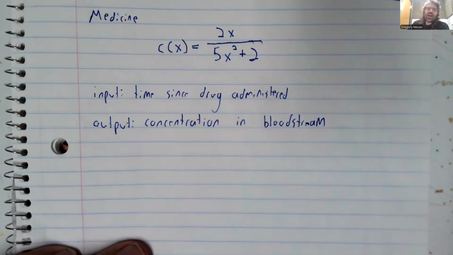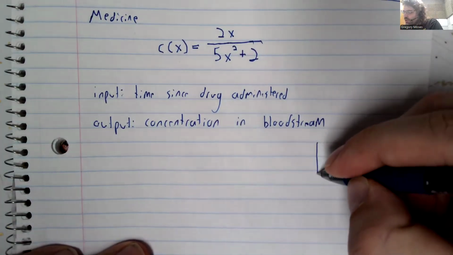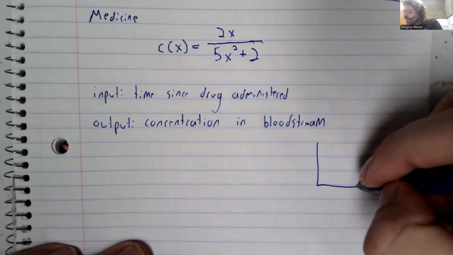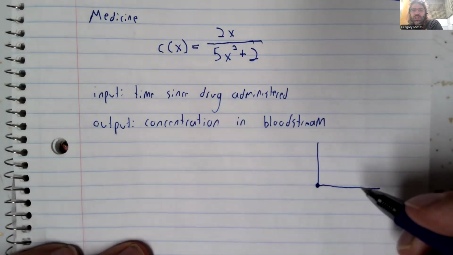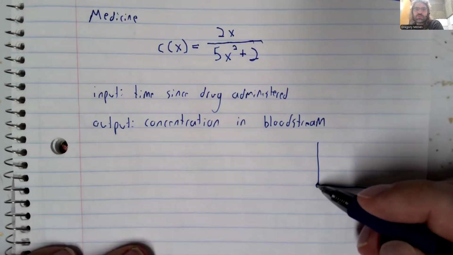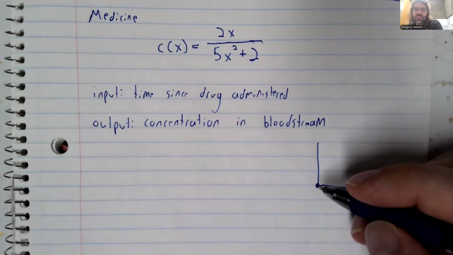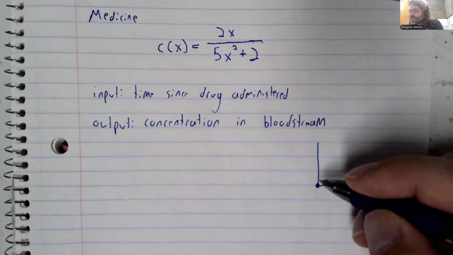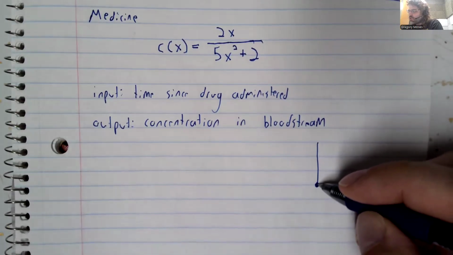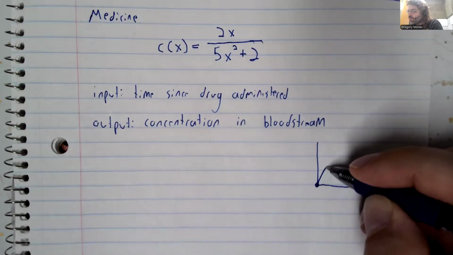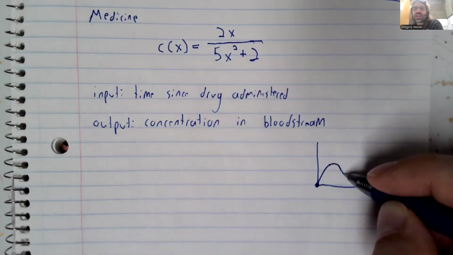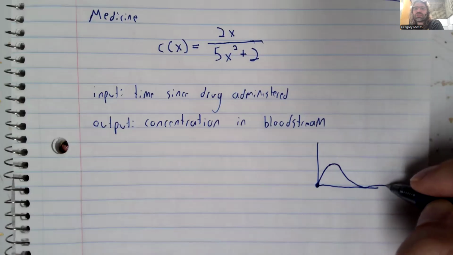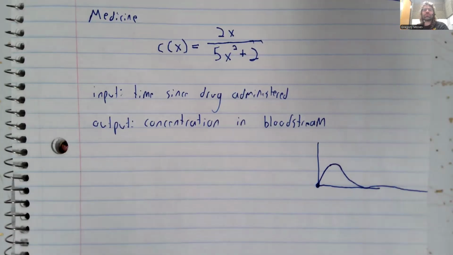If we think out what this graph should look like, initially we should start at the origin. Initially, there is no drug in your bloodstream. As the drug passes through your cell walls, the concentration should go up, but eventually your body should flush the drug out, and the concentration should go back down, something like that.